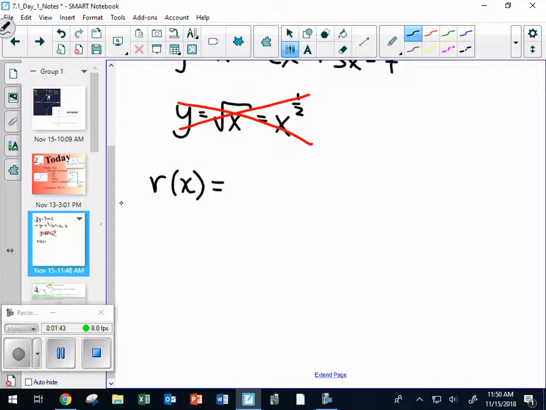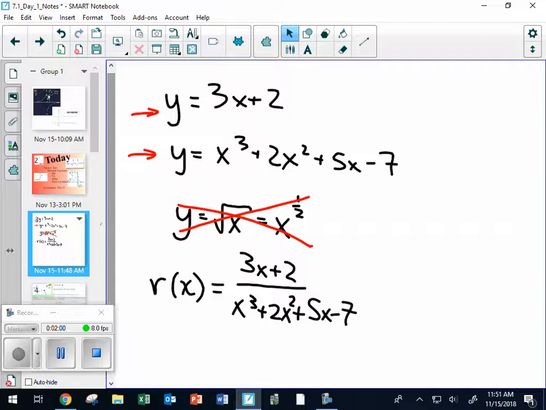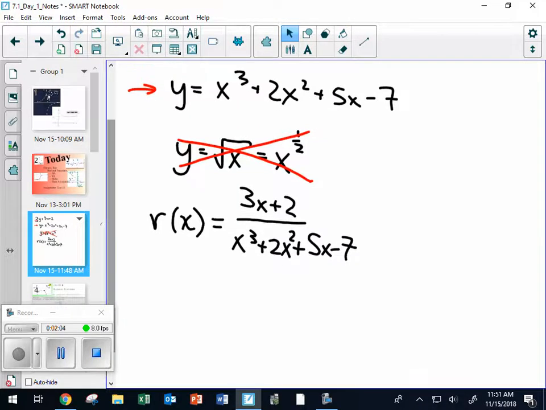So let's use our first polynomial here. In your numerator you have a polynomial, and in your denominator, you also have a polynomial. So if we just use the two polynomials that were shouted out as examples, and we just put one over the other, that is a rational function there.